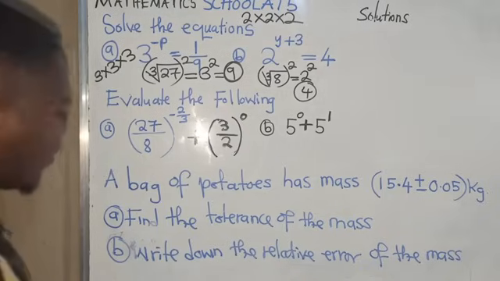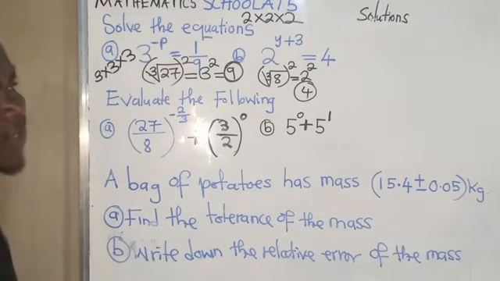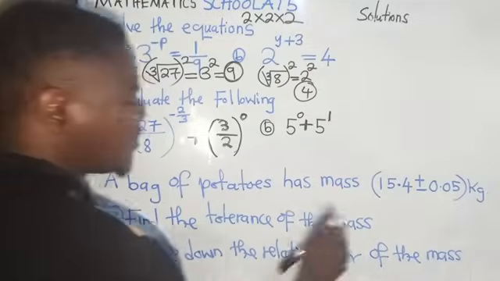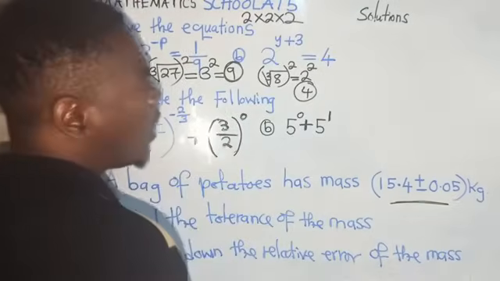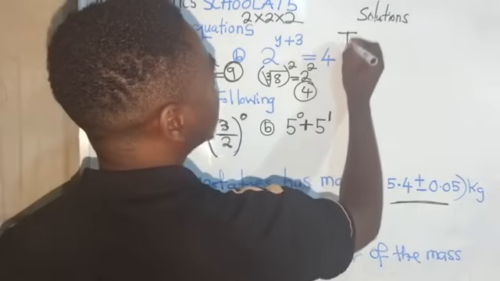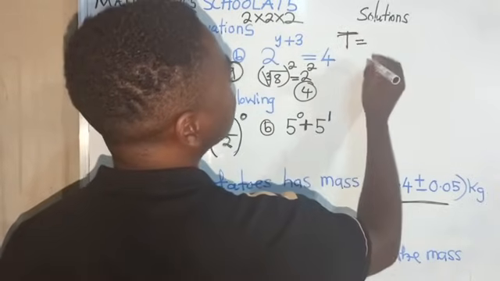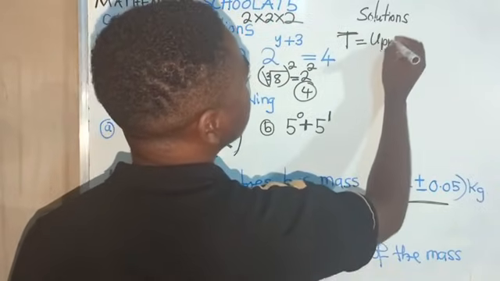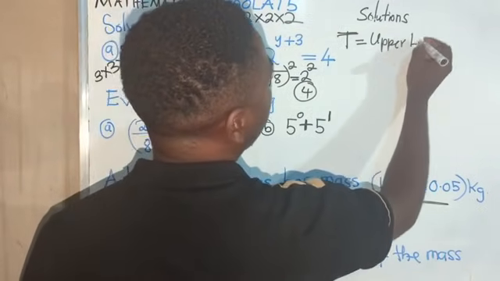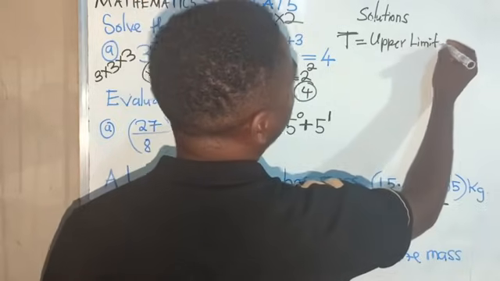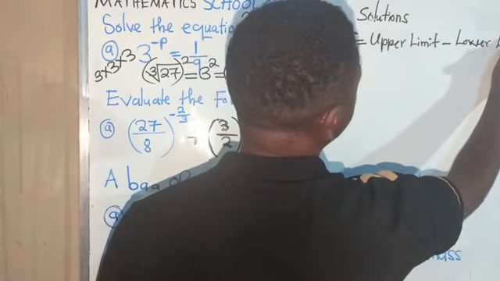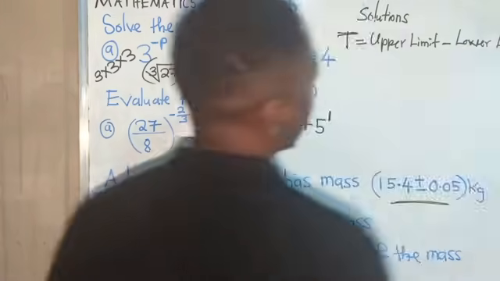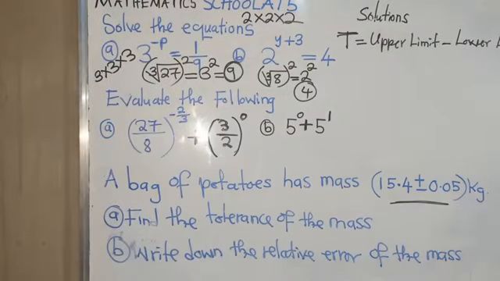So how can we find the tolerance of this? For us to be able to find the tolerance, since this is the mass that is given, the formula for tolerance, we say upper limit minus lower limit. So that is the formula we get to use.